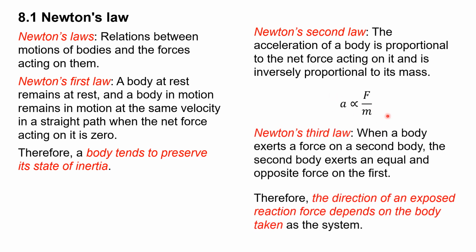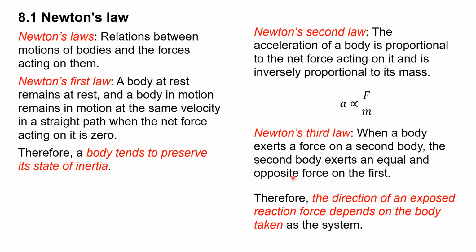There is another law under this, Newton's third law. It says that when a body exerts a force on a second body, the second body exerts an equal and opposite force on the first. Meaning the direction of the reaction force depends on the body taken as the system.